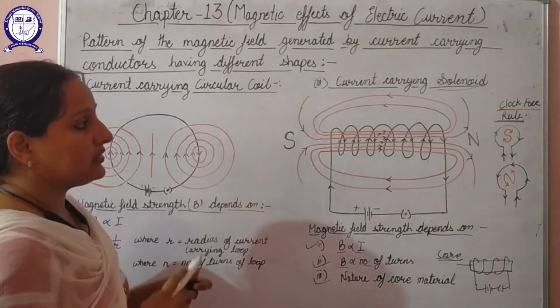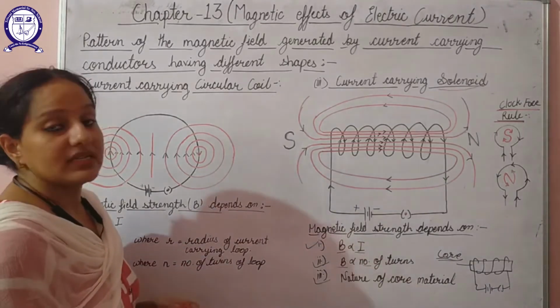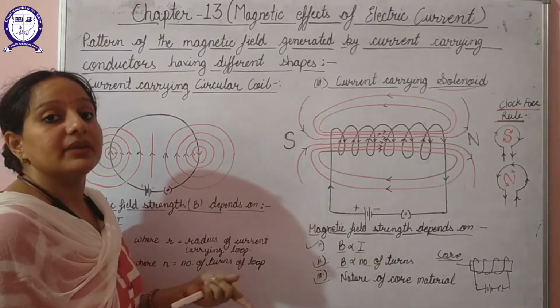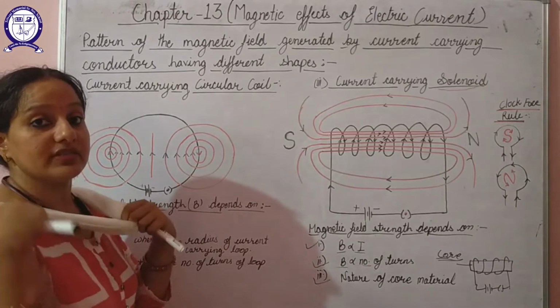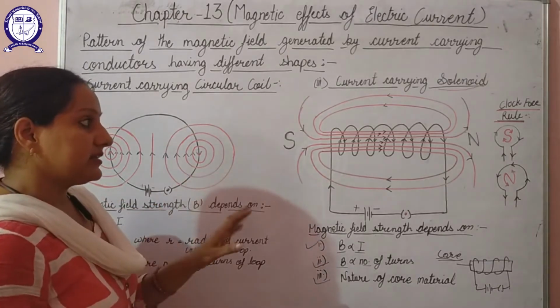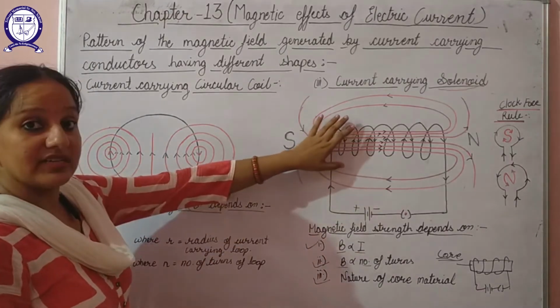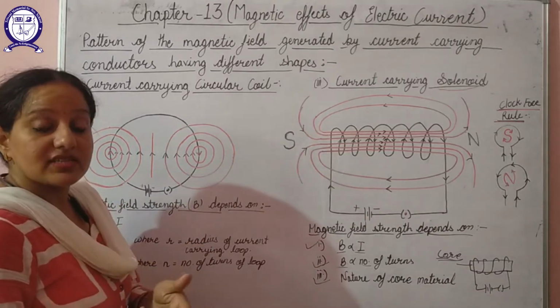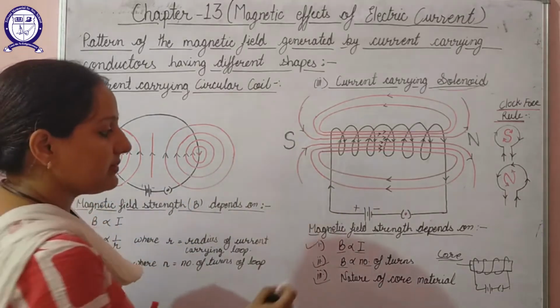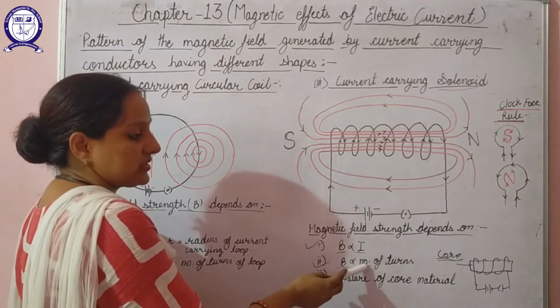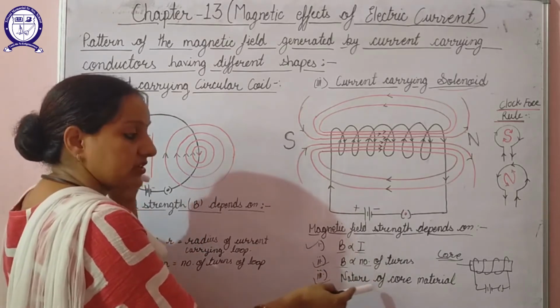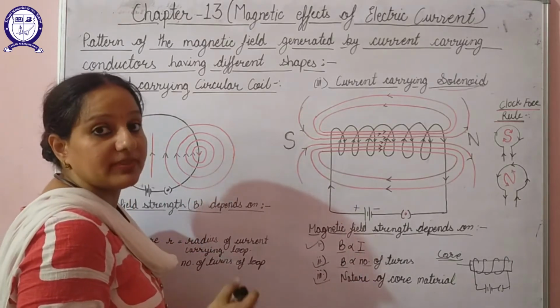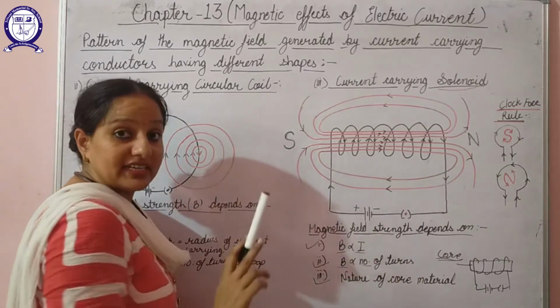Now here only in brief we will discuss electromagnets and permanent magnets, what basically the difference is. In an electromagnet, the magnetic field strength could be adjusted depending on the requirement by changing the current, by changing the number of turns, or by changing the core material. We can change the magnetic field strength of an electromagnet.